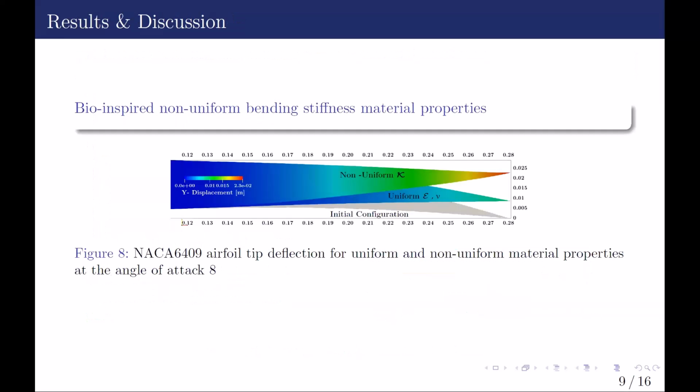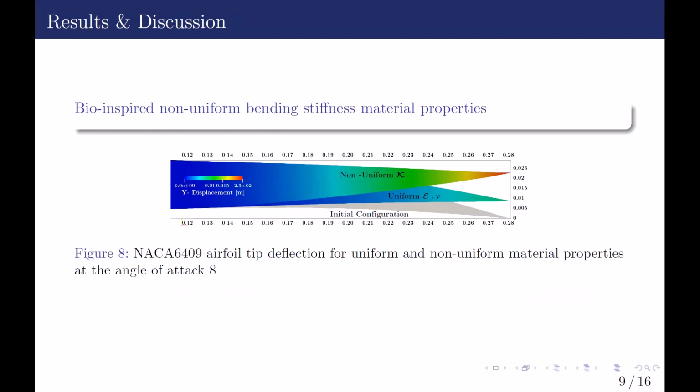Here is the comparison between the case of uniform Young modulus and Poisson ratio, and the other case with non-uniform K, or non-uniform bending stiffness, fitted to the data extracted from biology. What we can find here is that by implementing this non-uniform model, we can really mimic what's happening in the bird's wings in terms of deformation and flexibility, instead of just using a uniform material model.